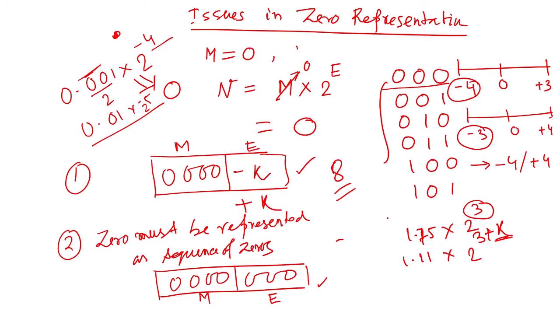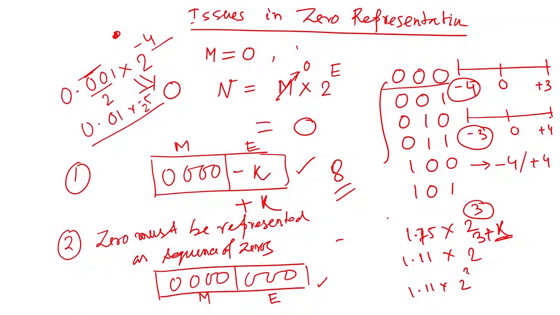While doing any kind of operation, we subtract k. So, we add the k value and then while doing computation we subtract it. That is the way it is represented. So, this condition is also satisfied, and this condition is also satisfied.